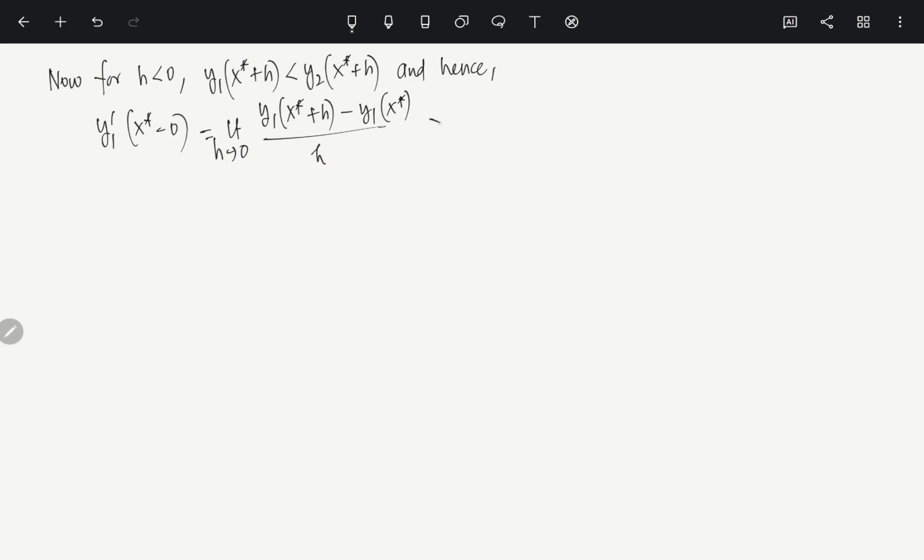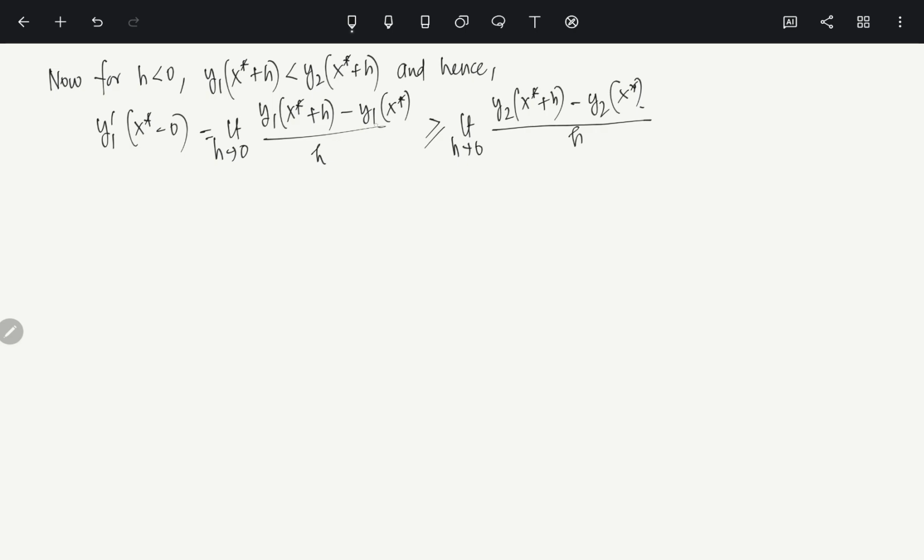So this is again dominated by the limit as h tends to 0 of y2 of x star plus h minus y2 of x star, over h.